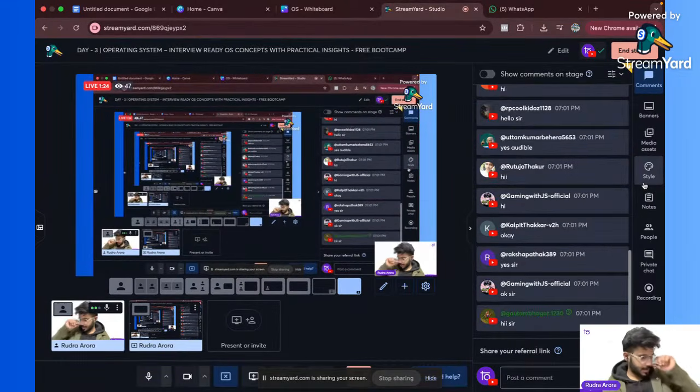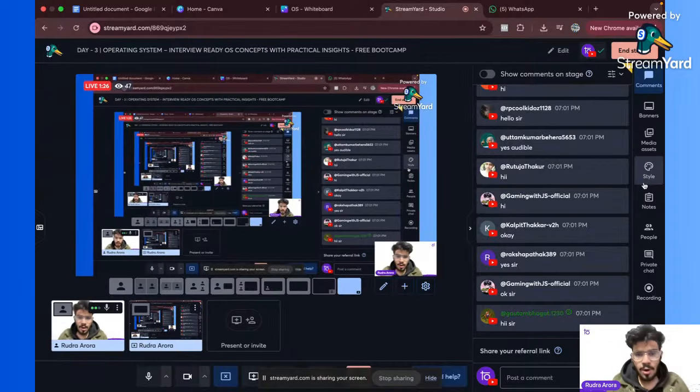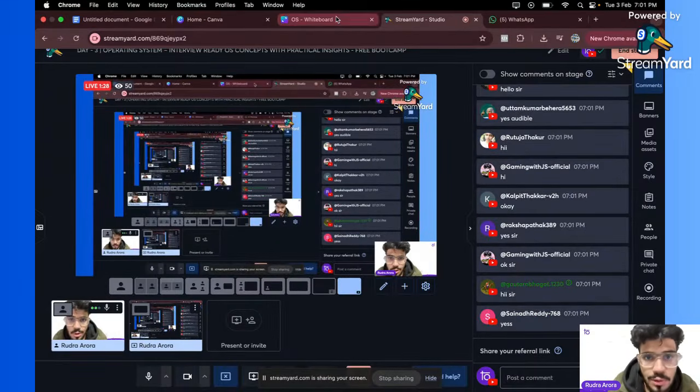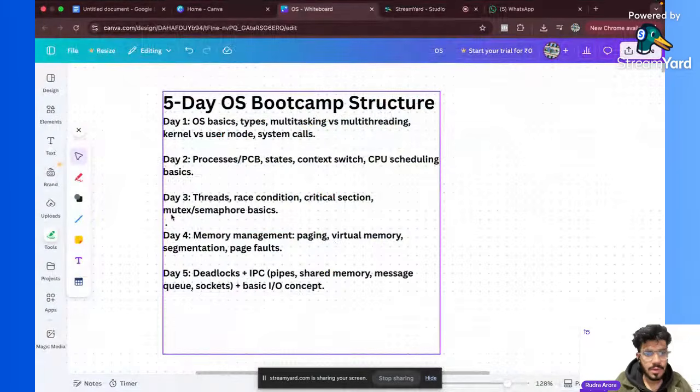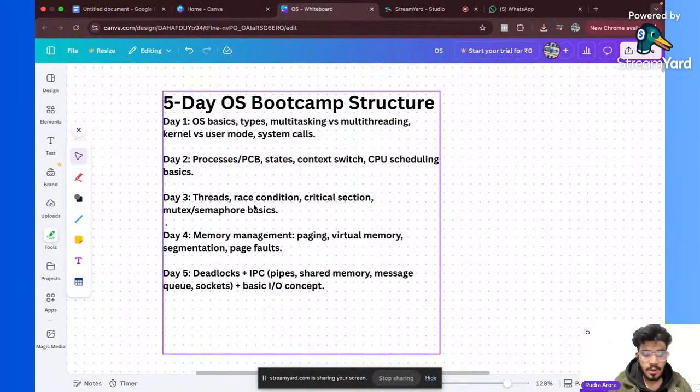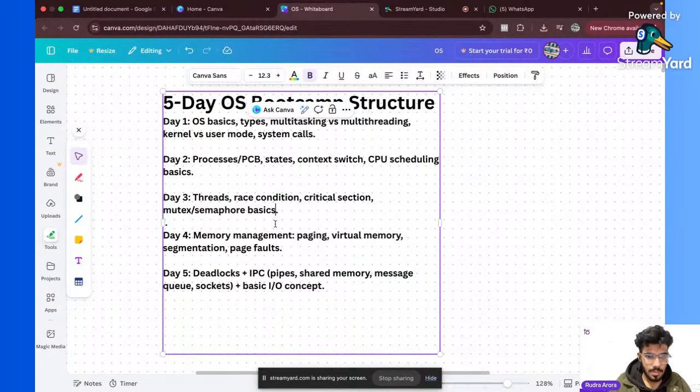Before starting, I'll tell you how today's structure of the bootcamp would look. Today is day 3. So today you'll learn about threads again, though they were covered in the previous lectures also: the race condition, critical section, and mutex and semaphores. Not the basics, but everything about them, and why they are used.